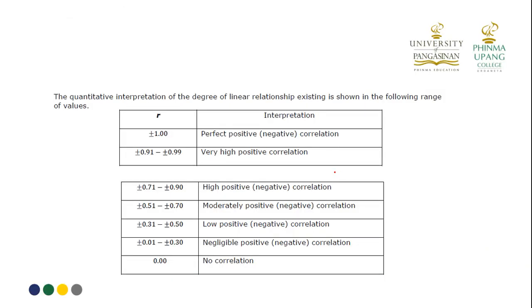So, here are the interpretations of a degree. Kunyari, may sagot na tayo ng 1. Positive or negative 1. That is a perfect positive if it is positive, negative naman if it is negative. Perfect sila pag 1 yung sagot ninyo. Most of the time, ito yung mga sagot: very high positive correlation.